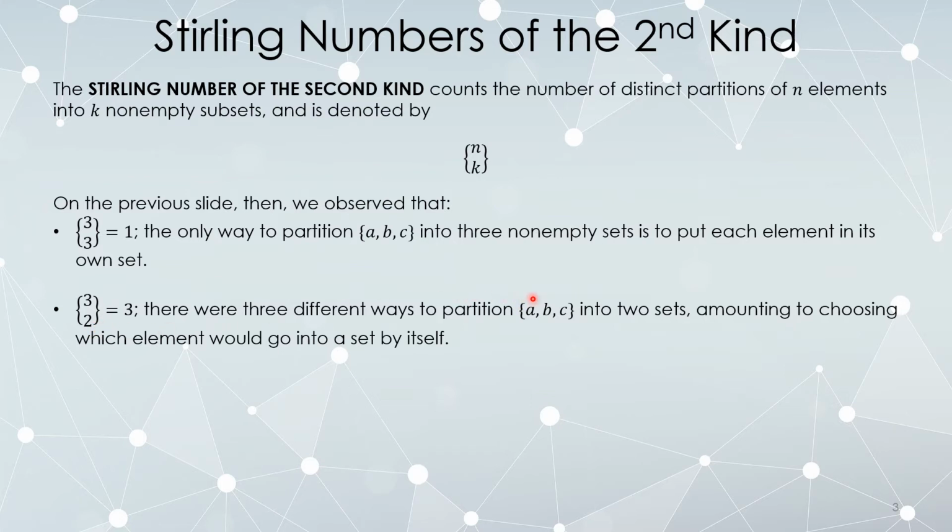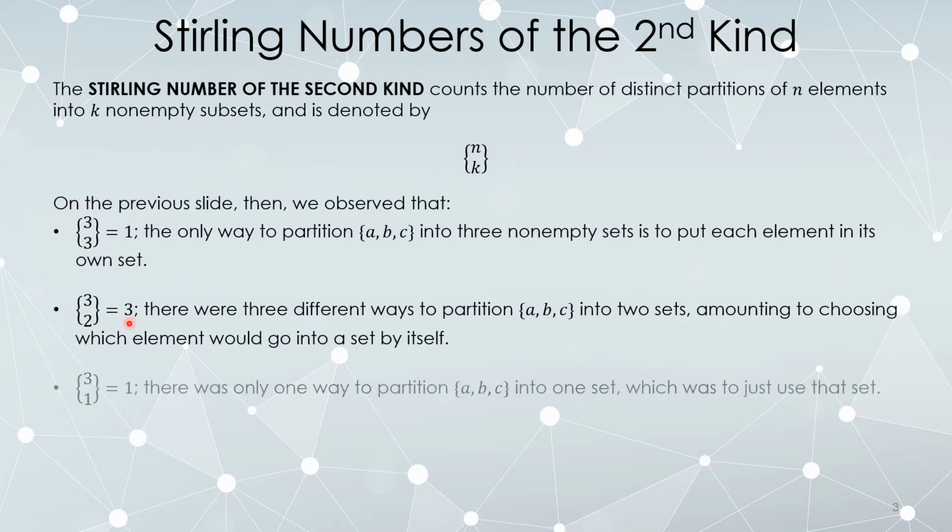Remember, there was {A, B} and {C} versus {A, C} and {B} versus {B, C} and {A}. Ultimately, if I want to partition 3 elements into 2 subsets, I'm simply choosing which element goes into a set by itself compared to the other 2 elements going into a set together. So there were 3 distinct ways to do this. So the Stirling number of the second kind, 3 over 2, is 3.